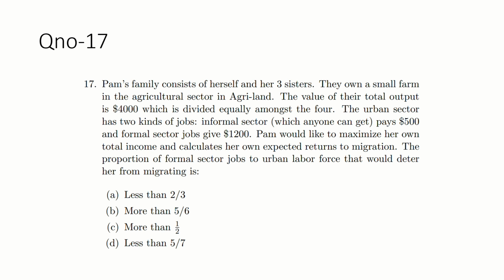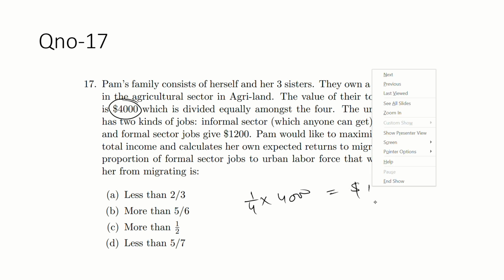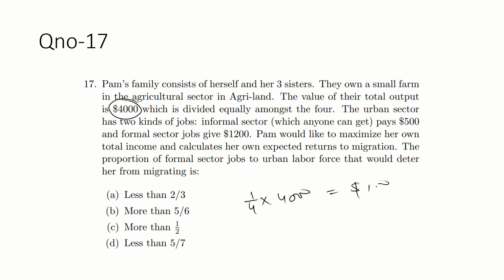Suppose I only work on the agriculture sector's land and the total revenue is $4,000, but there are four members, so each equally gets 1 by 4 into 4,000. That's how much? $1,000.